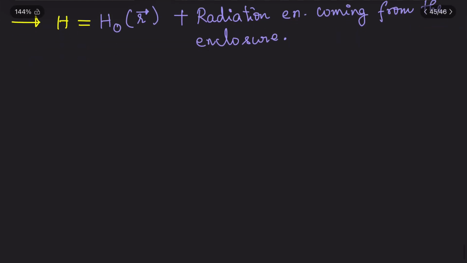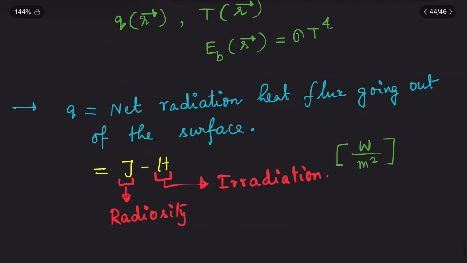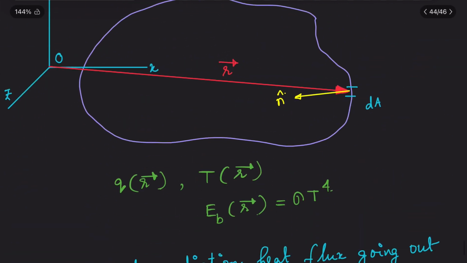Up till this I hope everyone is clear. So now let us find this part. How can we find this part? Okay, so let us consider any other infinitesimally small area than this. So I will consider this area here, okay.